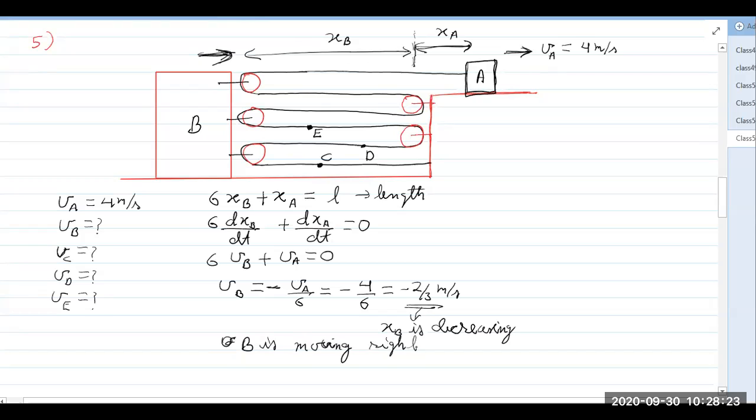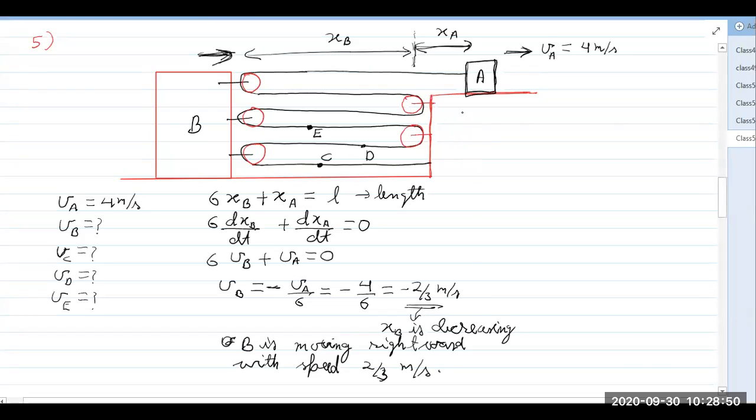So B is moving rightward with a speed of 2 by 3 meters per second. This is the method for finding the velocity of B.